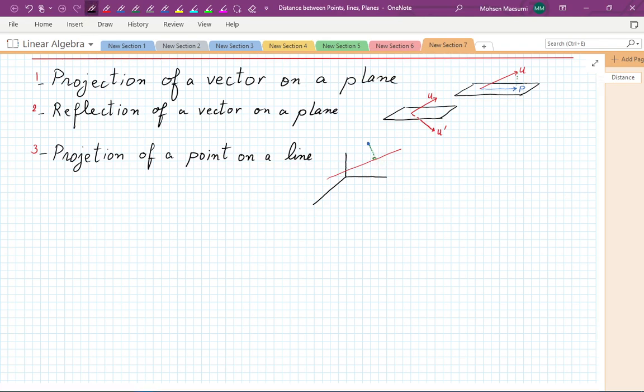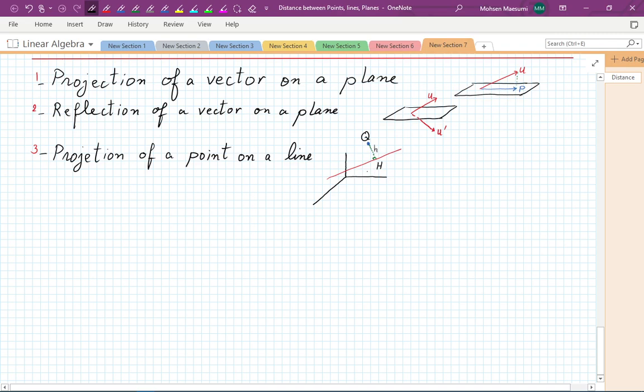Let me give some names. Suppose the point that we have here is point Q, and then we drop a projection here. Let's call it H. We want to know where H is, and we want to know what this distance is. Let's call that little h.